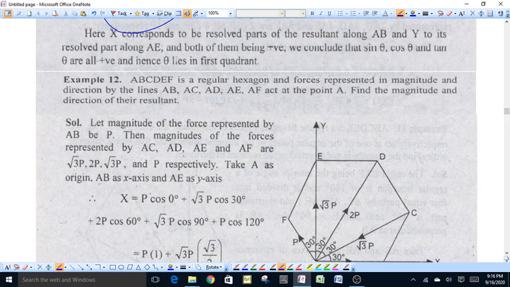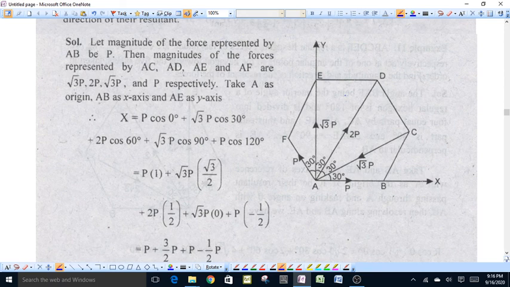Suppose we take another example. Suppose ABCDEF is a regular hexagon and forces represented in magnitude and direction by the lines AB, AC, AD, AE, AF act at point A. Then we have to find the magnitude of the resultant and the direction of the resultant.